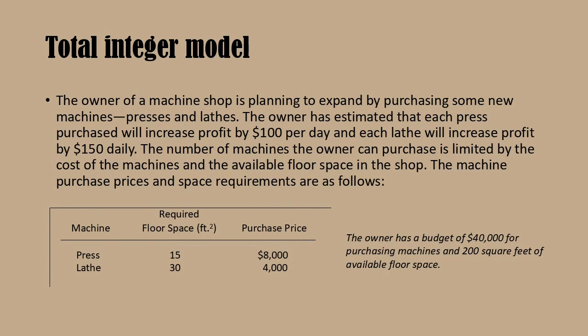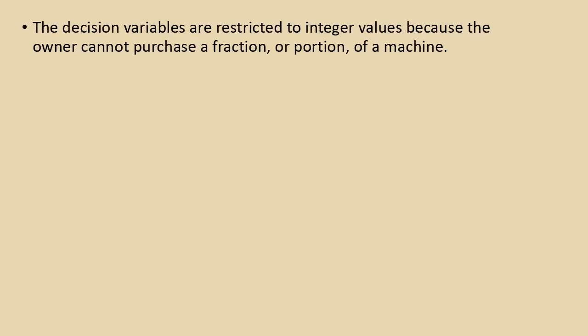The linear programming model for an integer programming problem is formulated in exactly the same way as the linear programming examples in chapters 2, 3, and 4. The only difference is that in this problem, the decision variables are restricted to integer values because the owner cannot purchase a fraction or portion of a machine.